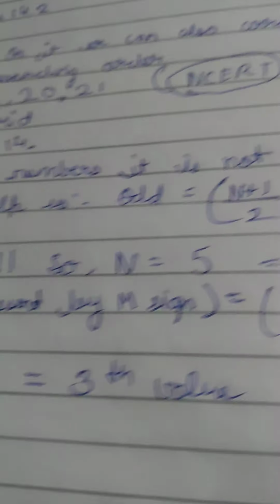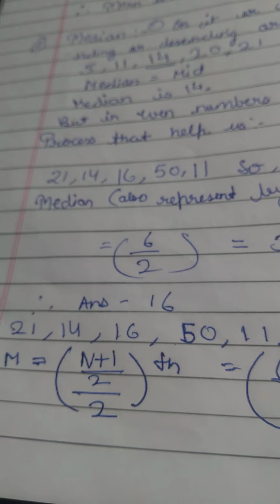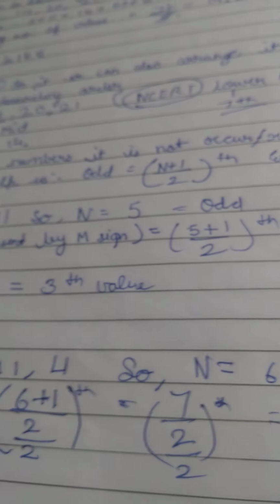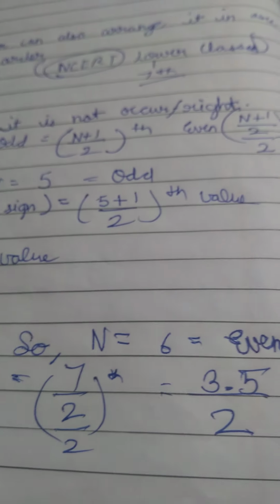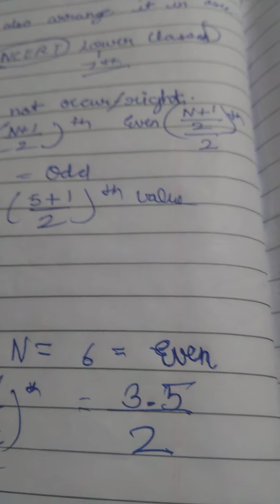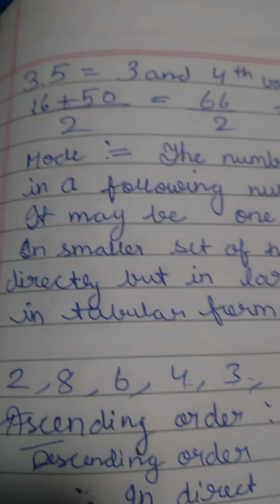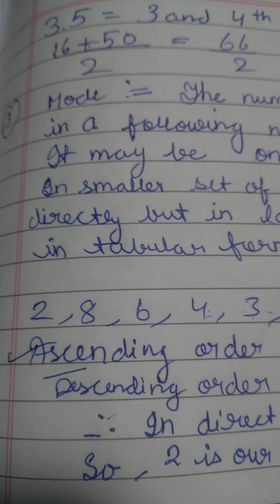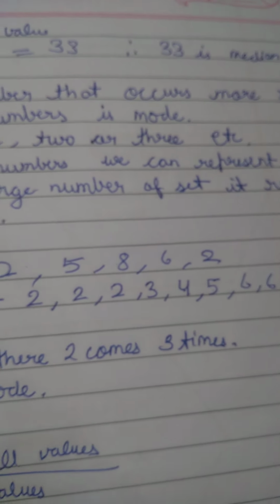With n equal to 6, that is the 3rd and 4th values. The third value is 16 and the fourth value is 50. Take the sum of them and divide by 2: 16 plus 50 is 66, divided by 2 equals 33. So our median is 33.